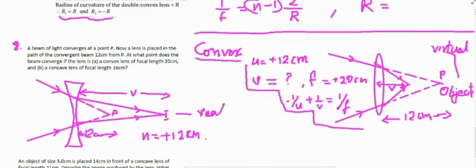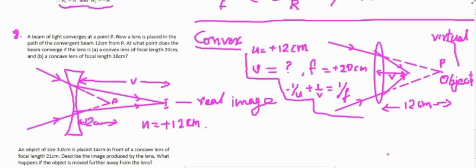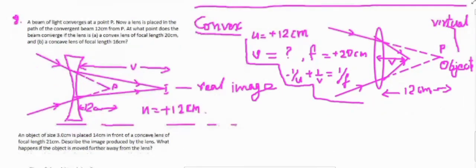Here the object is virtual. So when the object is virtual, a concave lens can form a real image.